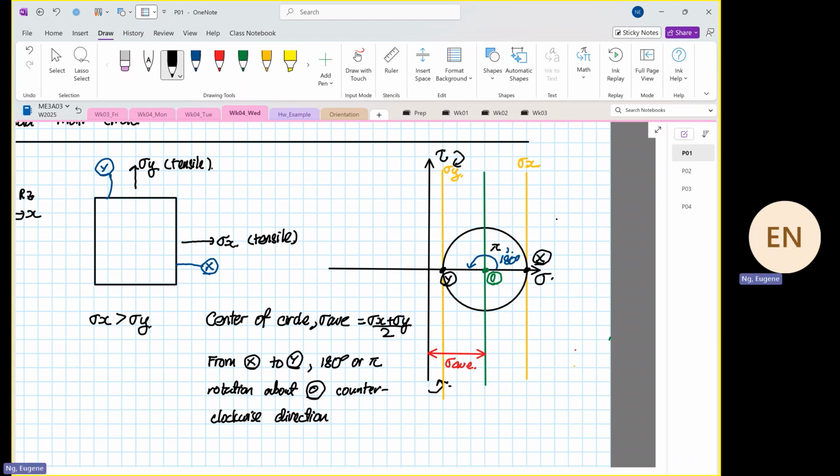So now, focus on the element. I repeat again, focus on the what? Element, okay? Now the element from point X is also rotating in what?